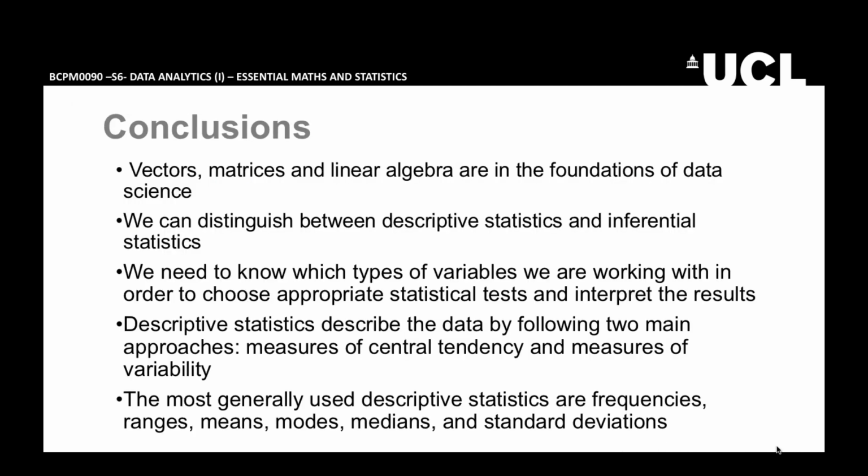And well, here you have some final conclusions for this session. The first one is that vectors, matrices, and linear algebra are in the foundations of data science. We can distinguish two main areas in statistics for data science, which are descriptive statistics and inferential statistics. In this session, we have been covering descriptive statistics, and next week we will be talking about inferential statistics.